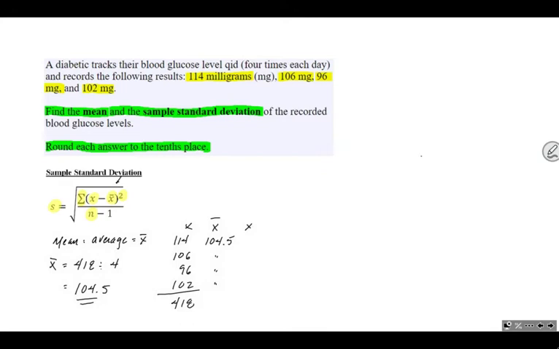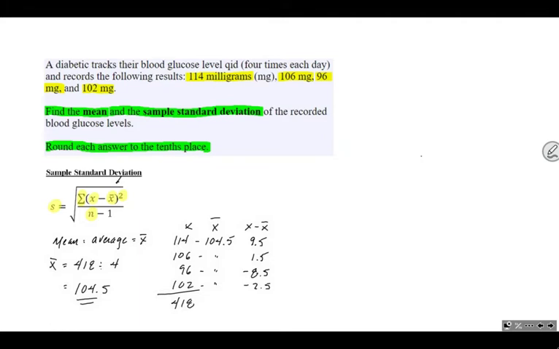We want to calculate x minus x bar, and so we're going to subtract 104.5 from each of our values, and we're going to come up with x minus x bar here is 9.5. 106 minus 104.5 is going to give us 1.5. 96 minus 104.5 is going to give us a negative number, isn't it? It's going to be negative 8.5. And then 102 minus 104.5 is going to give us a negative number as well, negative 2.5. So that's our x minus x bar.